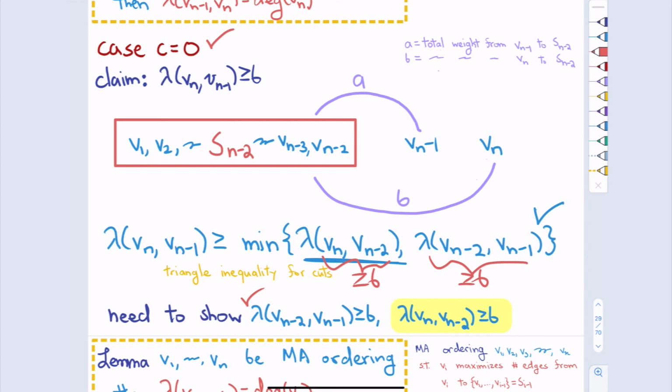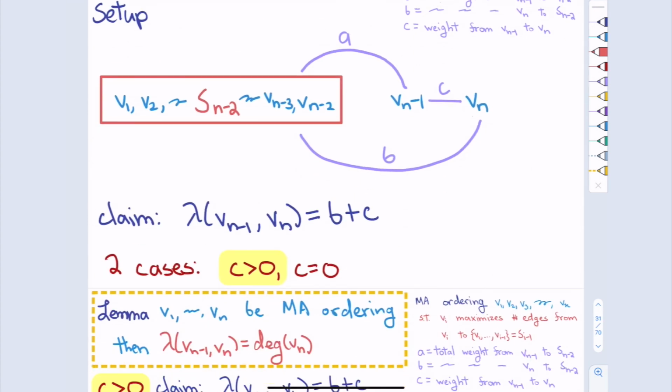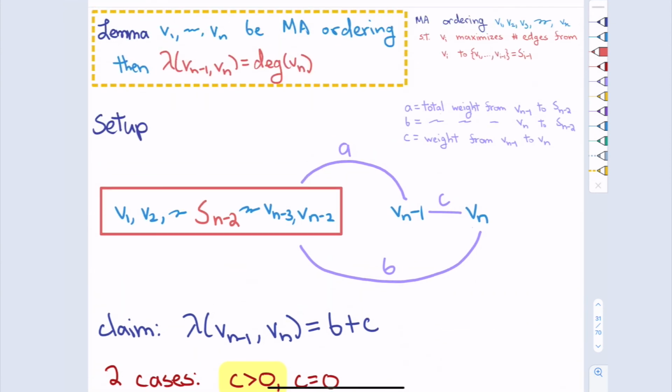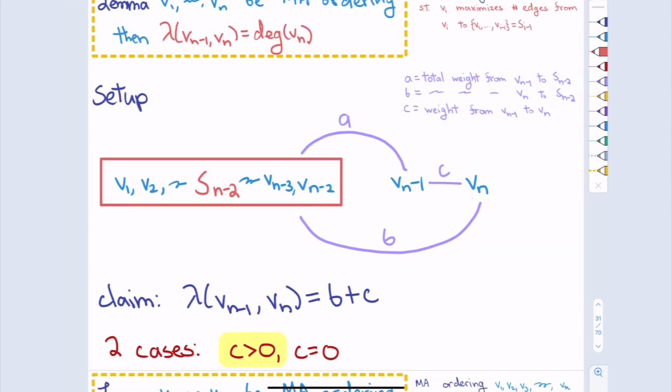Okay, we're almost done. It's very subtle. Going back to our original setup, we figured out the c equals 0 case. Now I just have to deal with c bigger than 0. Again, I want to show that Vn by itself gives the minimum Vn minus 1 cut.